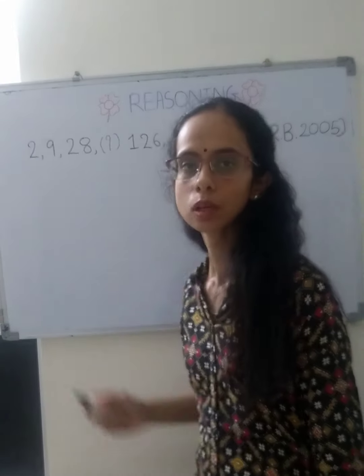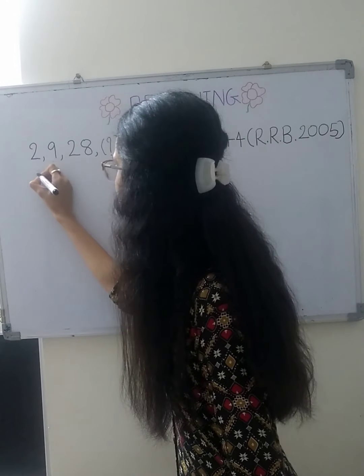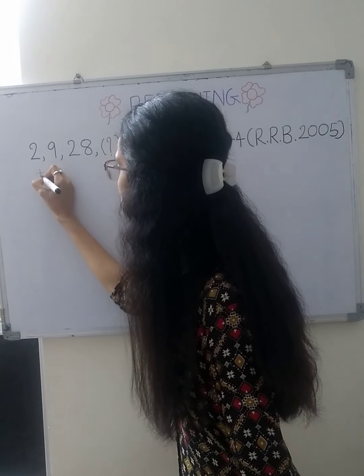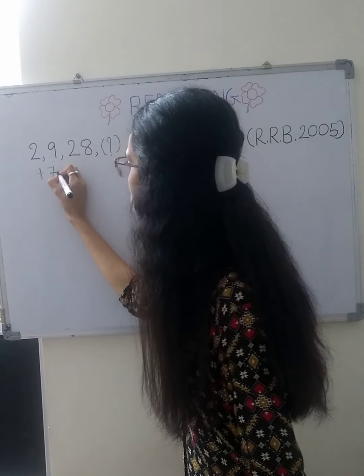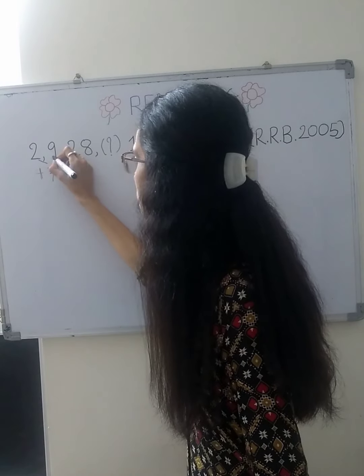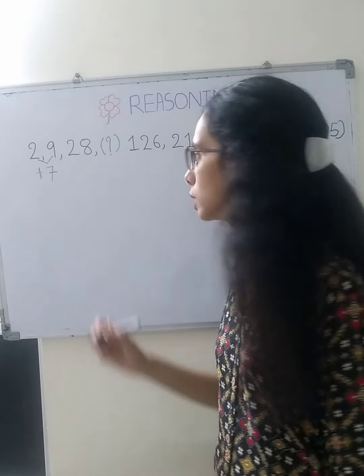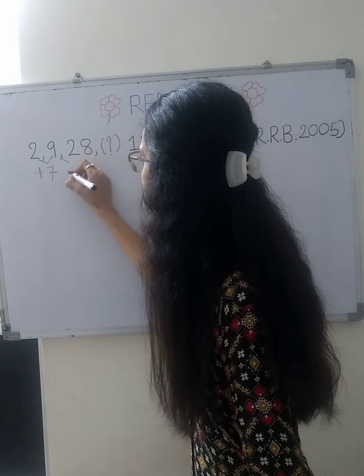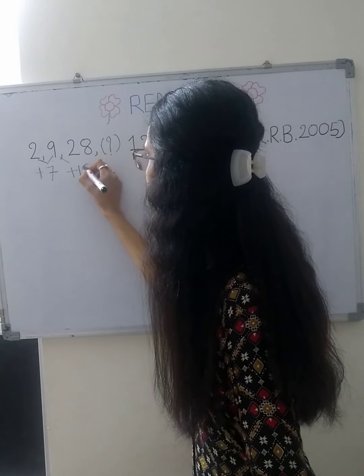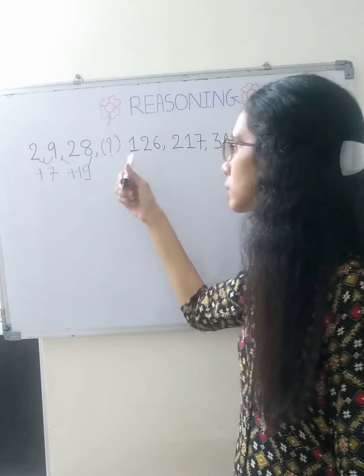2 and 9. What is the relation between 2 and 9? Plus 7. Then 9 and 28. What is the relation between these two numbers? Plus 19. Then 28 and this unknown number.